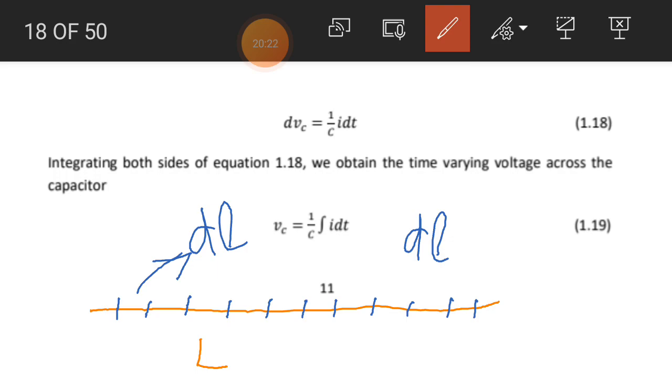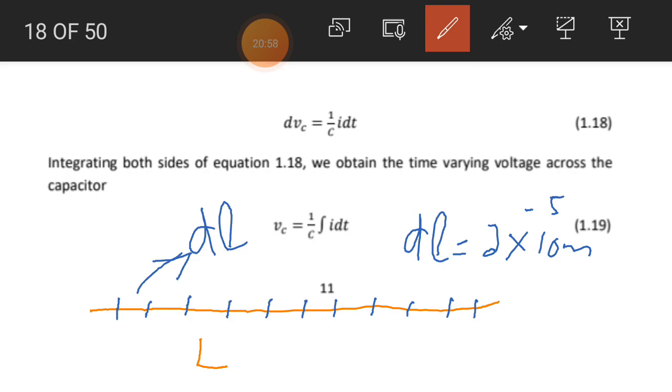Let me give you an example of this differential length. It might be 2 into 10 raised to power minus 5 meter, or 2 into 10 raised to power minus 6 meter, or 2 into 10 raised to power minus 7 meter. So this is a very small segment.